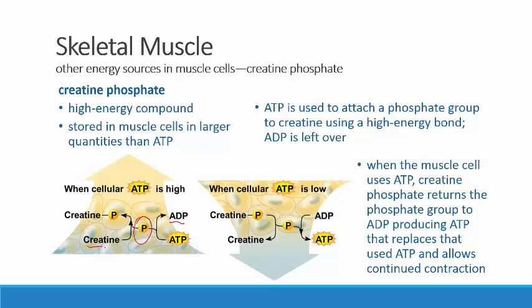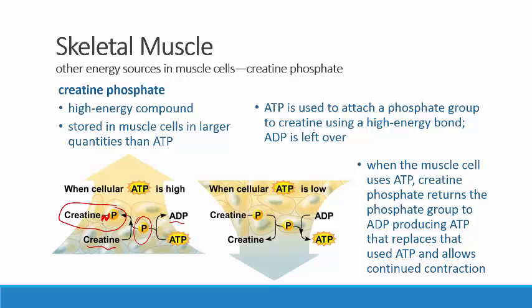And we take creatine and attach that phosphate group to it, producing creatine phosphate. Okay? So creatine phosphate is just a creatine molecule with a phosphate group attached to it using a high energy bond. So they should be showing this high energy bond. So we've got energy stored in that high energy bond.